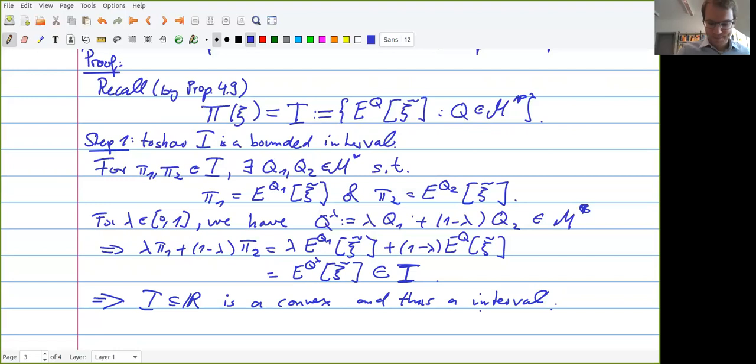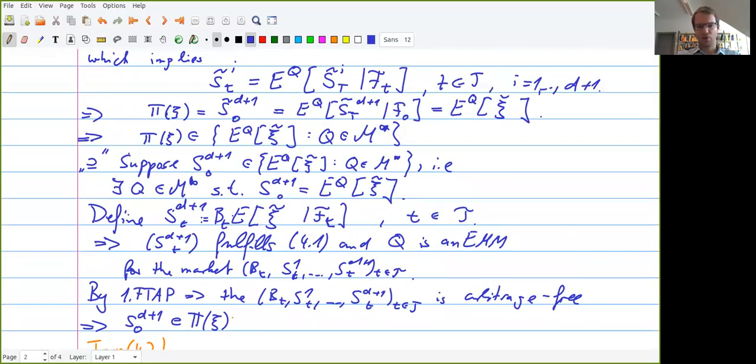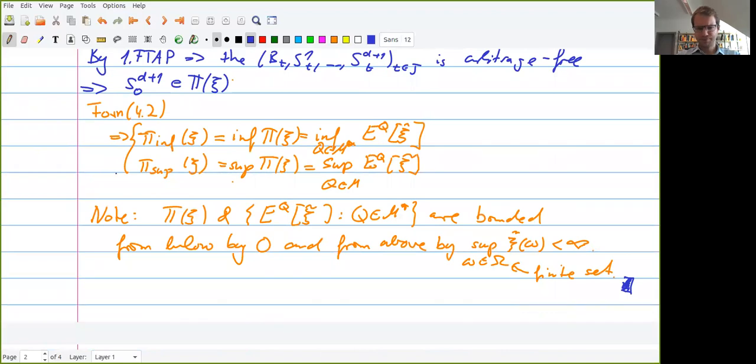Now, we want to have something bounded here. So actually we have a bounded interval. If we go back to the orange part here, we have seen that it is bounded from below by 0 and bounded from above by the supremum of the discounted claim over all omegas, but omega is a finite set.